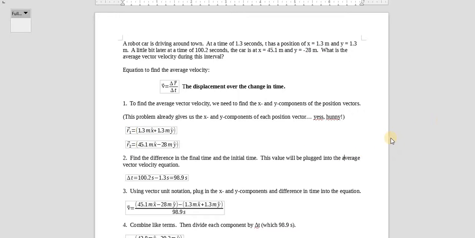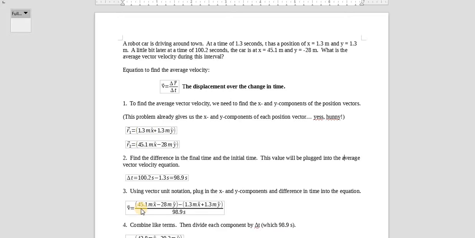The next thing we want to do is find the change in time. So we just subtract the final time from the initial time, and we'll get 98.9 seconds. So next thing we want to do, since we know what our x and y components are, and we know delta t, we can plug it into our equation.